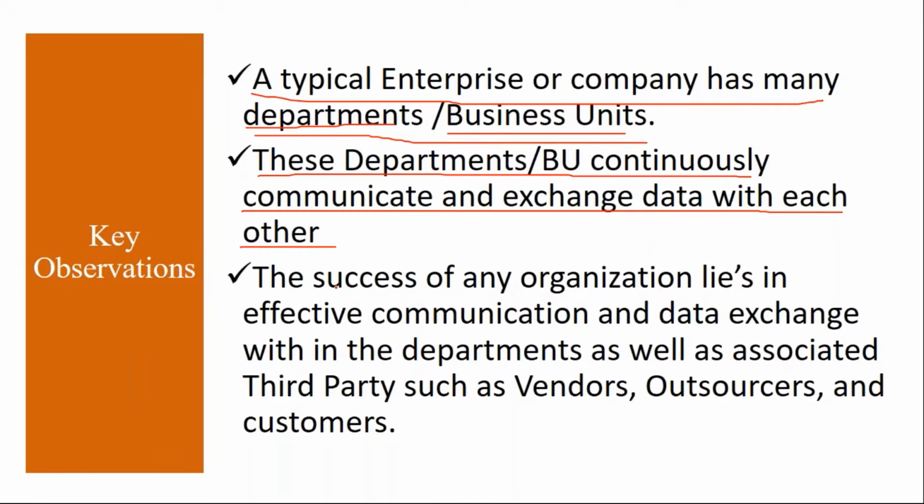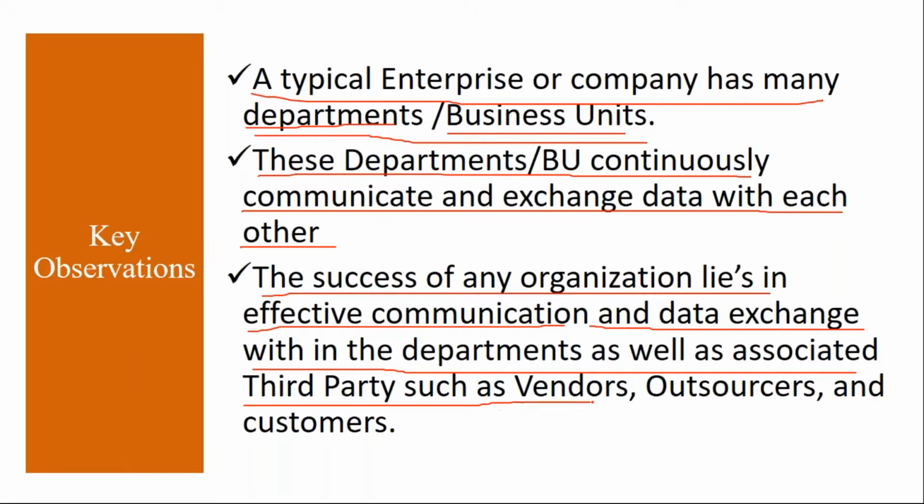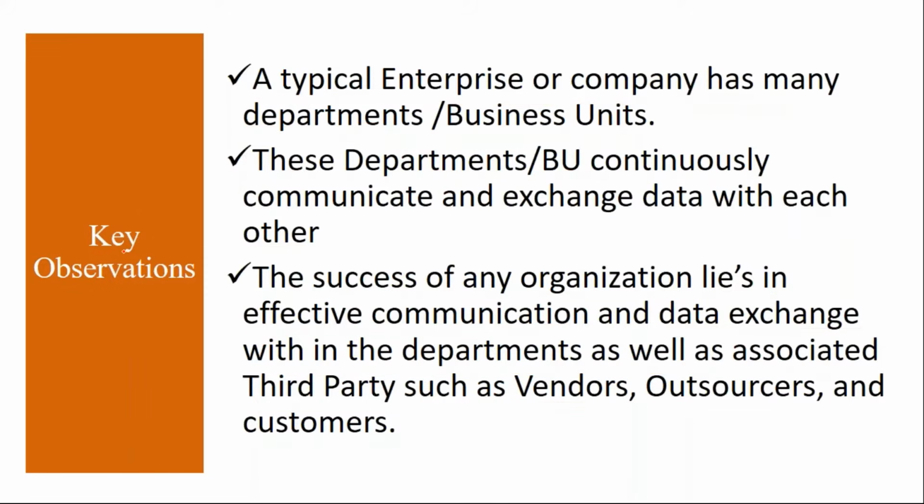So there is a constant, continuous data and information exchange across these departments. The success of any organization lies in effective communication and data exchange within the departments, as well as with associated third parties such as vendors, outsourcers, and customers. These are the observations we have made from the typical business process.